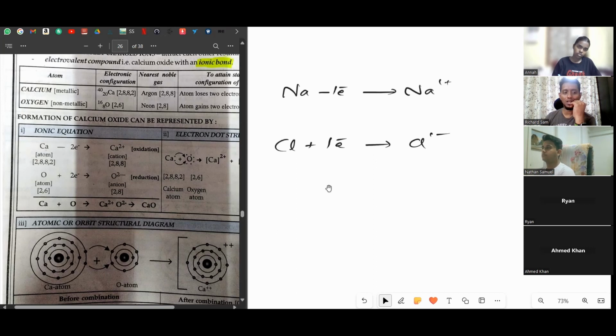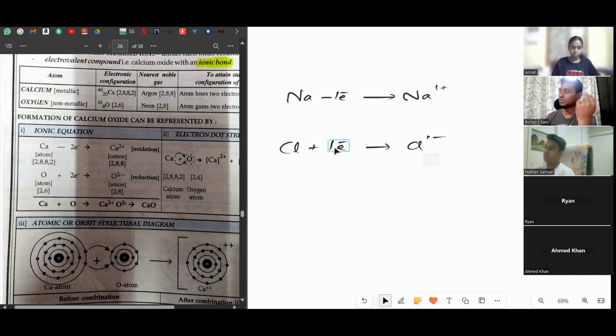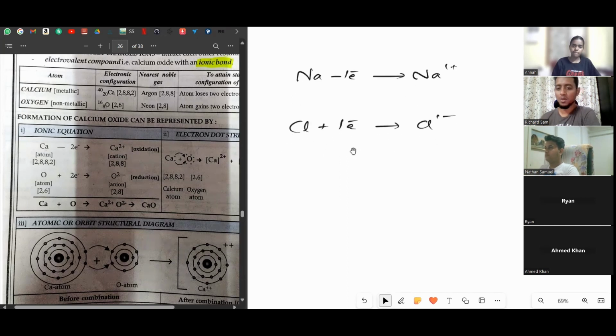Now, what do we call addition of electrons? You've heard of oxidation and reduction. What's the meaning of the word oxidation? Adding oxygen.